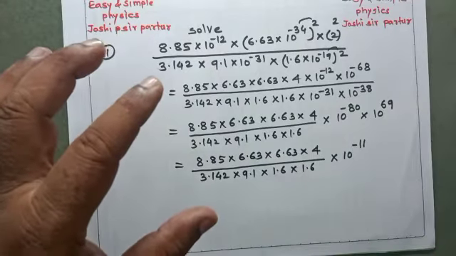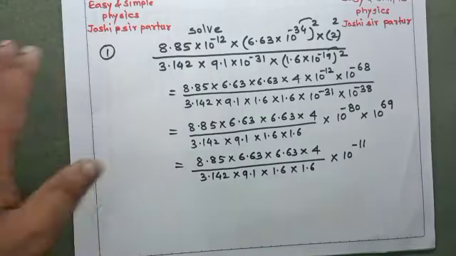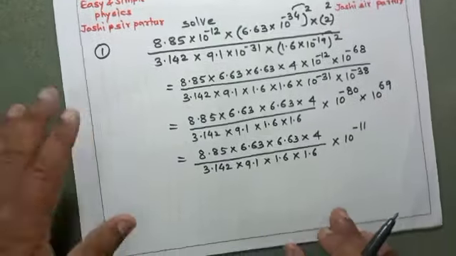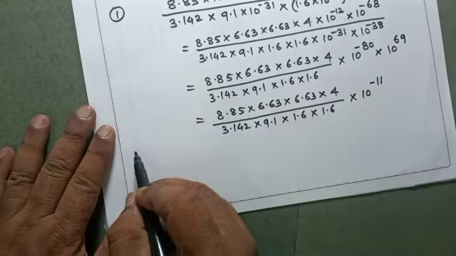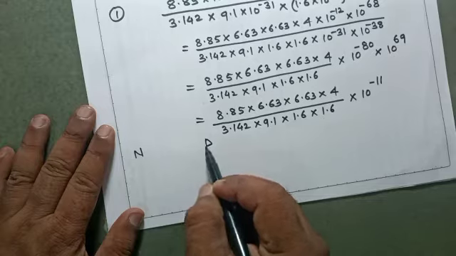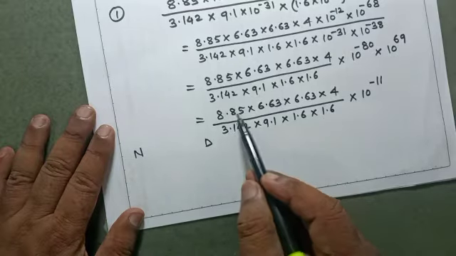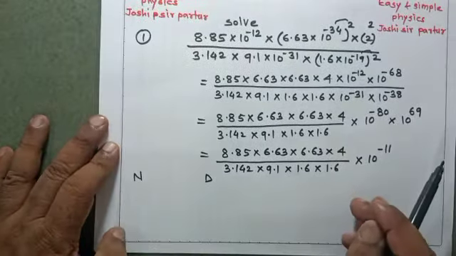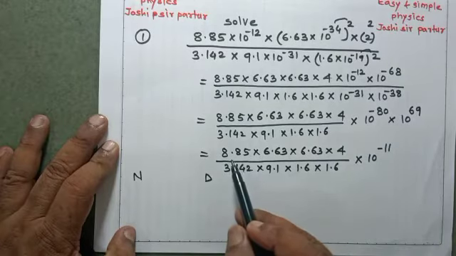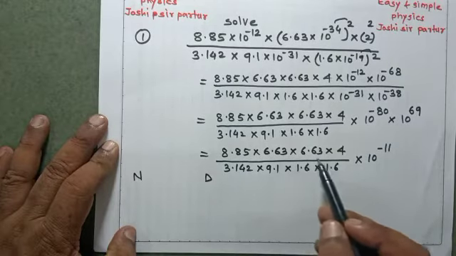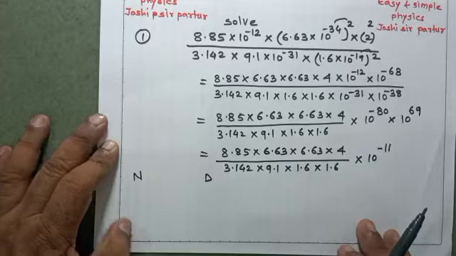Using the logarithm, we can find the numerator and denominator. The numerator has 4 values, which are 8.85, 6.63, 6.63, 4.0.